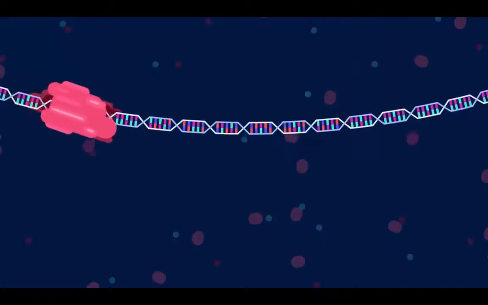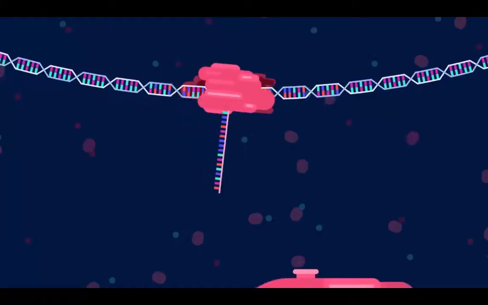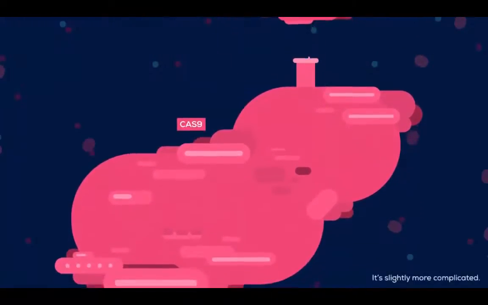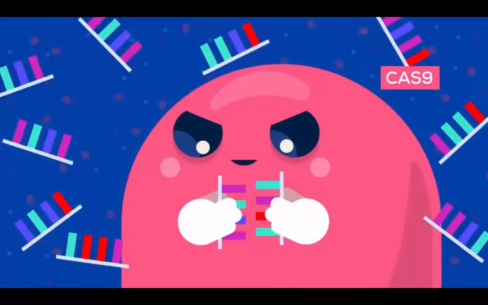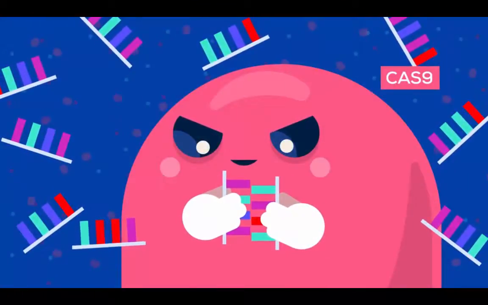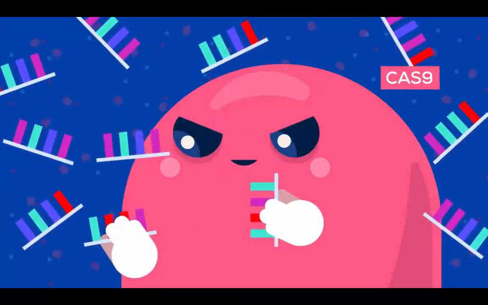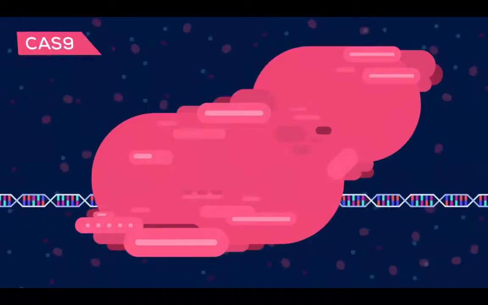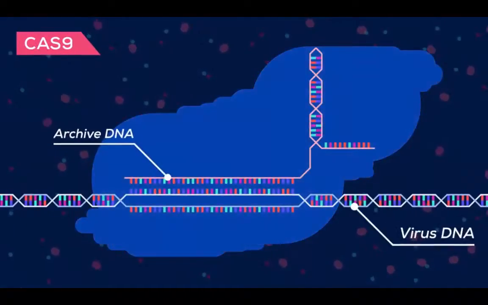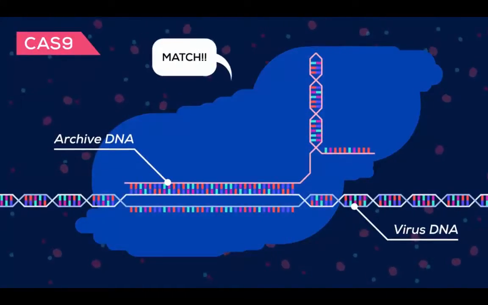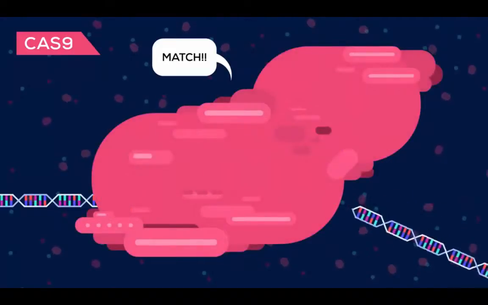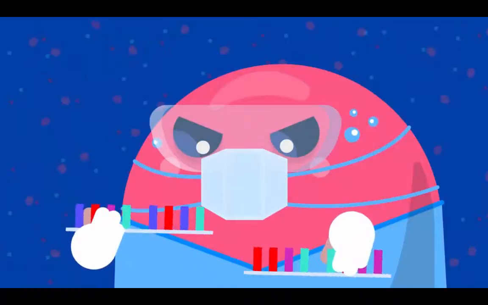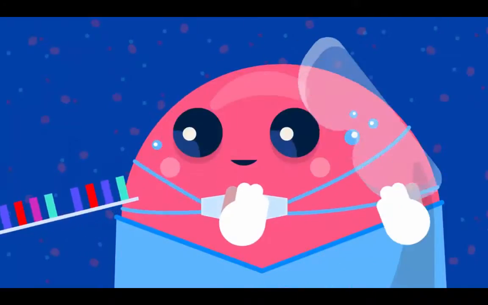When the virus attacks again, the bacterium quickly makes an RNA copy from the DNA archive and arms a secret weapon, a protein called Cas9. The protein now scans the bacterium's insides for signs of the virus invader by comparing every bit of DNA it finds to the sample from the archive. When it finds a 100% perfect match, it's activated and cuts out the virus DNA, making it useless, protecting the bacterium against the attack. What's special is that Cas9 is very precise, almost like a DNA surgeon.